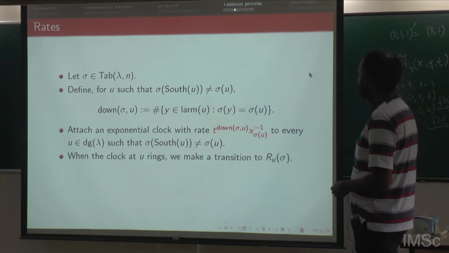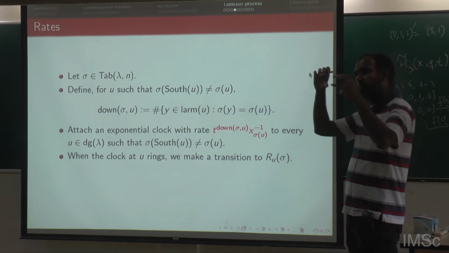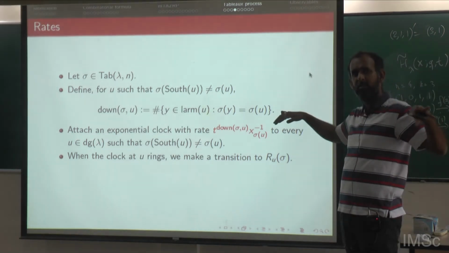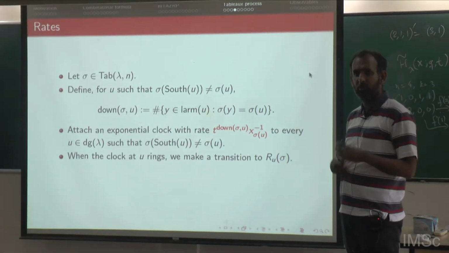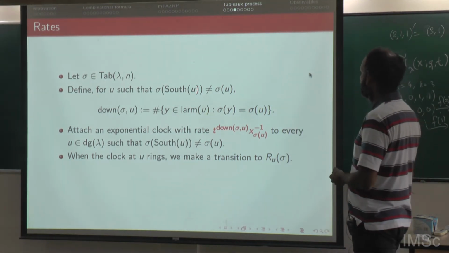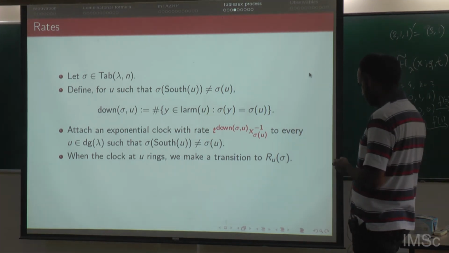And when this clock rings, we make a transition to RU. So from every tableau sigma, we make multiple transitions, each depending on u, a cell which does not have the same content as the cell immediately below it.